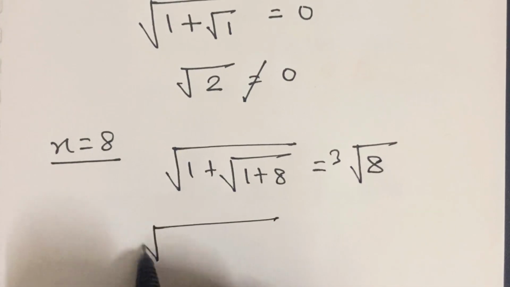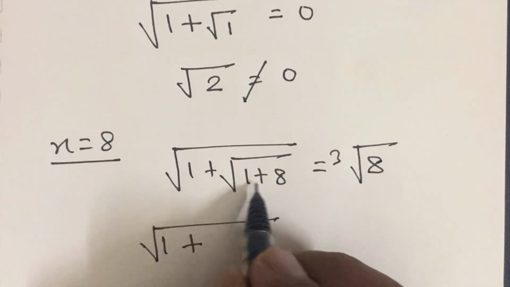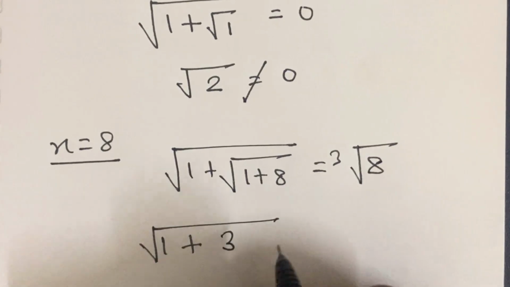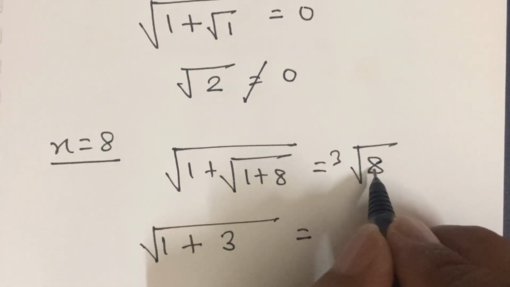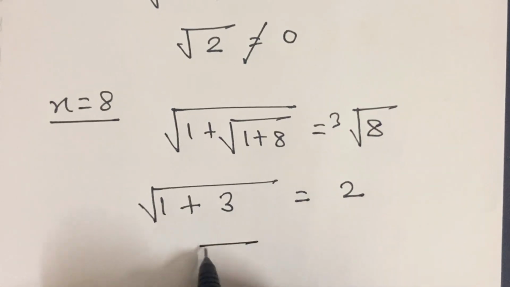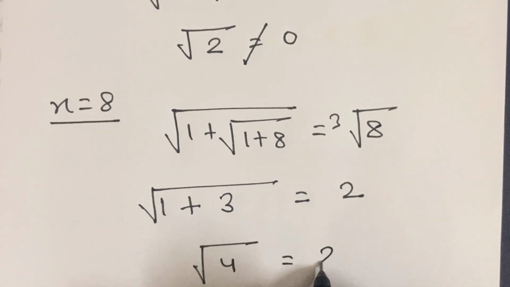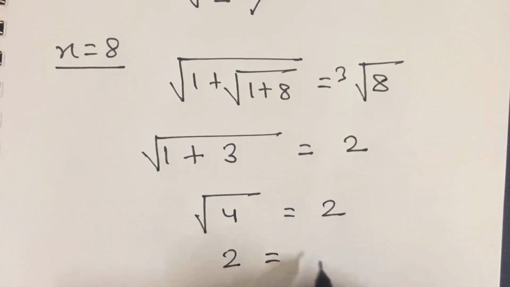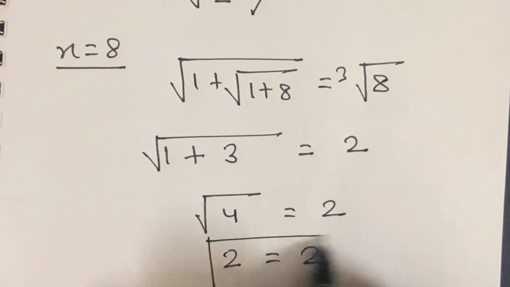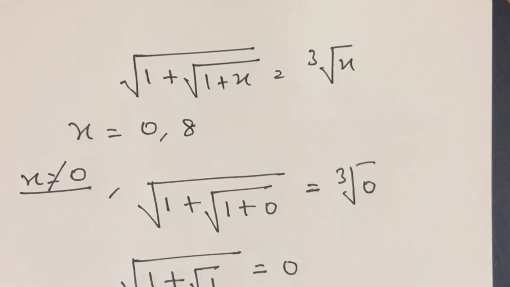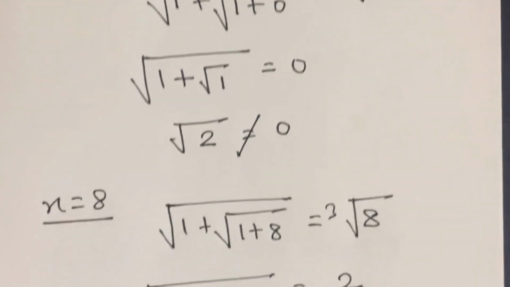So this is 1 plus, 8 plus 1 is 9, and square root of 9 is 3, equals cube root of 8 which is 2. And this is square root of 4 equals 2. And square root of 4 is 2, which equals 2. So this is a possible solution for this equation, which is x equals 8.